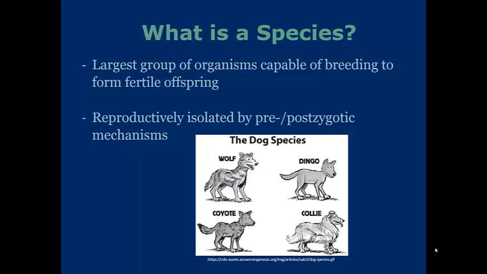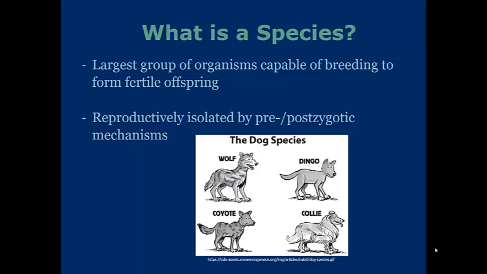Post-zygotic mechanisms could be involved with after the formation of a zygote. It's possible that the mother is unable to host this zygote, and thus the pregnancy fails. The liger example I mentioned earlier is an example of this. You can reproduce a tiger and a lion, but ligers cannot reproduce.